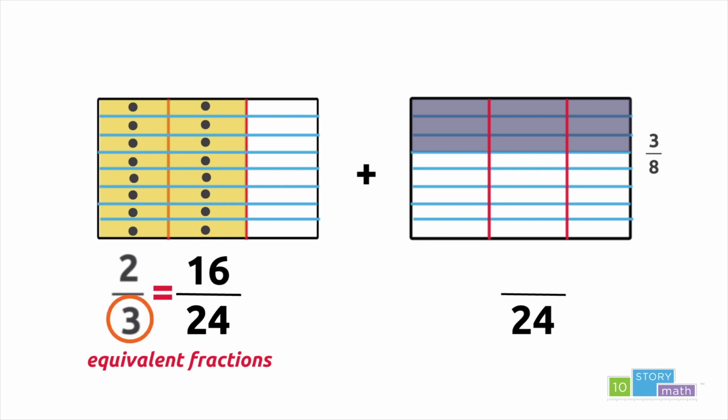Our initial model started with 3 parts, and then we broke it into 8 times as many parts. As a result, you will also receive 8 times as many parts. In the fraction model that started with 3 out of 8 parts shaded purple, we now have 9 out of 24 parts shaded purple.